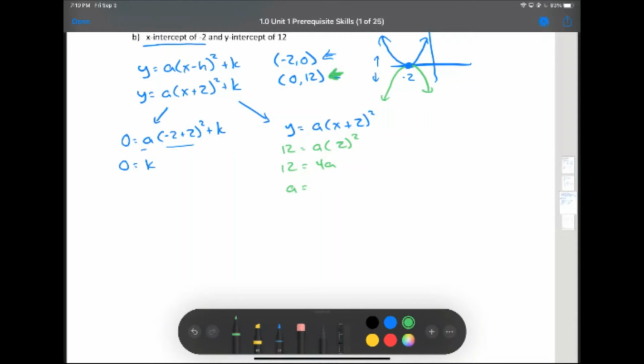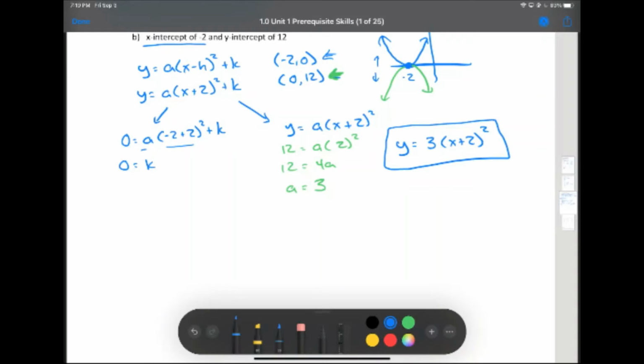A equals 12 over 4, which is 3. And now that I have that information, I can state my equation is y equals 3(x plus 2) squared. I was going to say there is no k value. That's not true. There's a k value of 0, but it doesn't show up in our formula. So there's our function, and we're done.